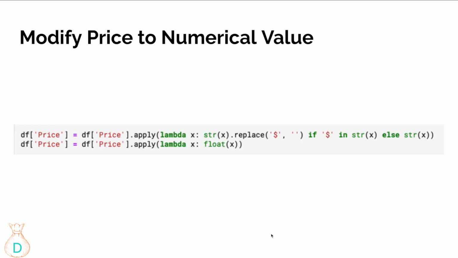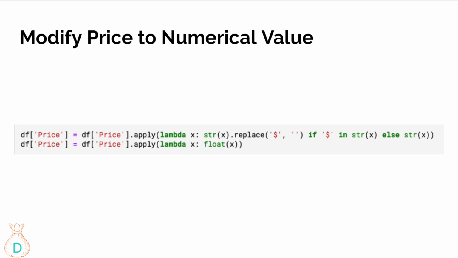If you do the same thing for the prices, you're going to notice that some of the prices have dollar signs, so it's actually stored as a string. If you want to do any calculation for prices, you have to manipulate the data before you can do any sort of summarization. So we do the same thing: loop through every single row and replace the dollar sign with an empty string, so that our string only includes the dollar values.